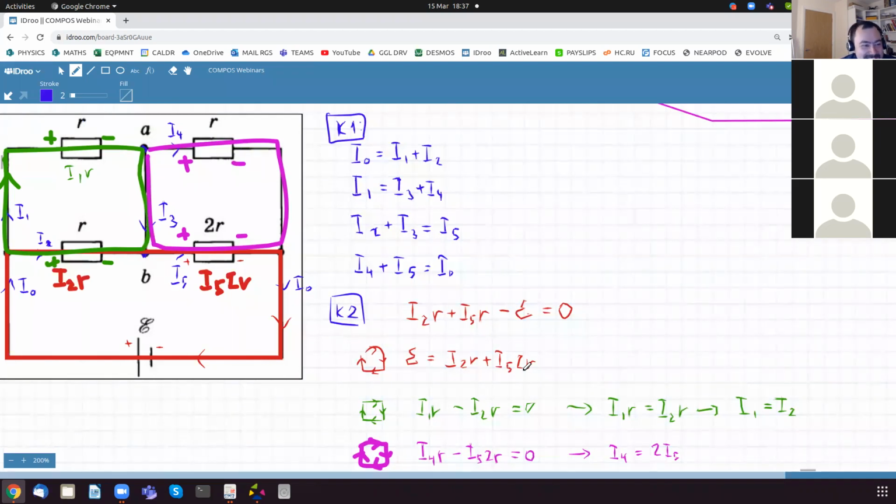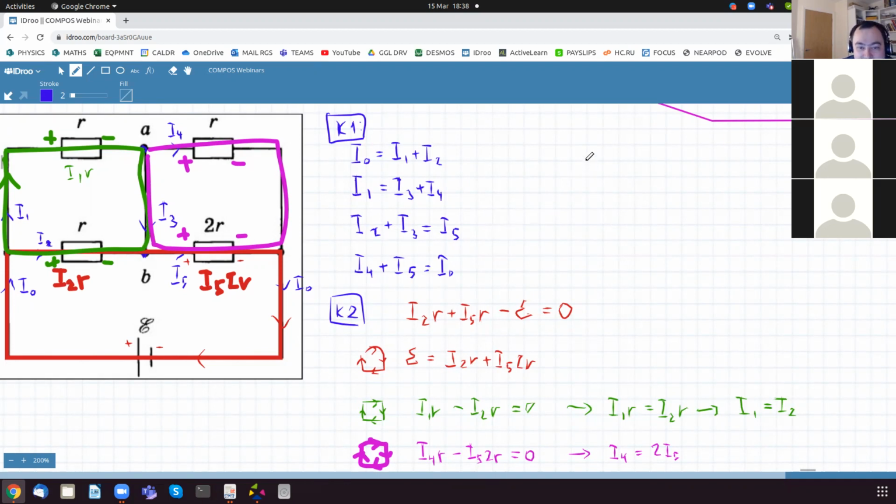But that's a bit too much, because I0, I1, I2, I3, I4, I5, and I6 are the unknowns. EMF and R are deemed to be known. But anyways, I'm talking too much. You could solve these simultaneous equations, but I'm going to shortcut this.